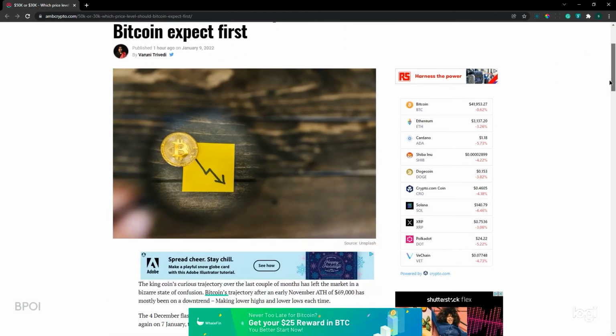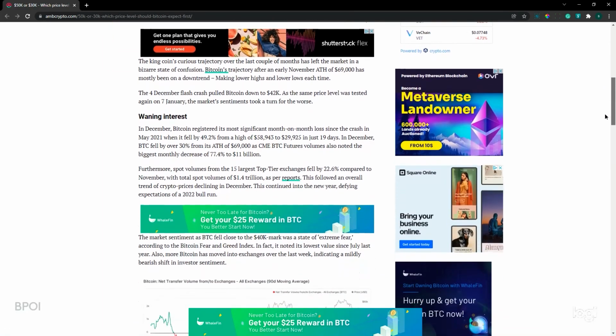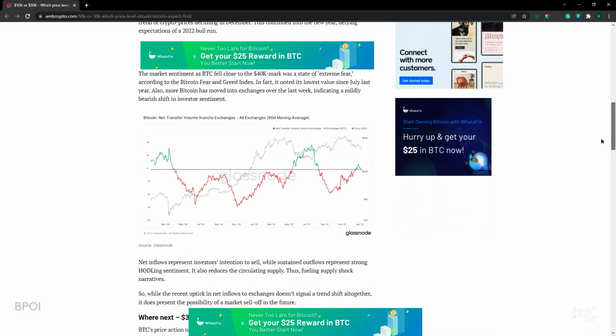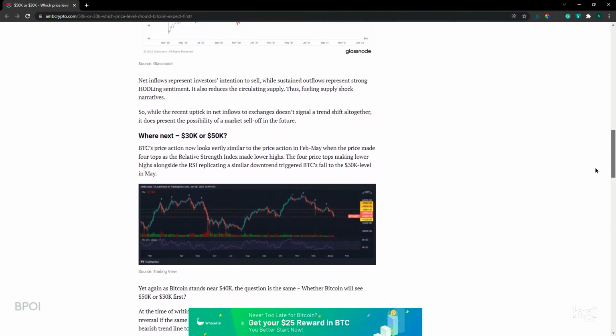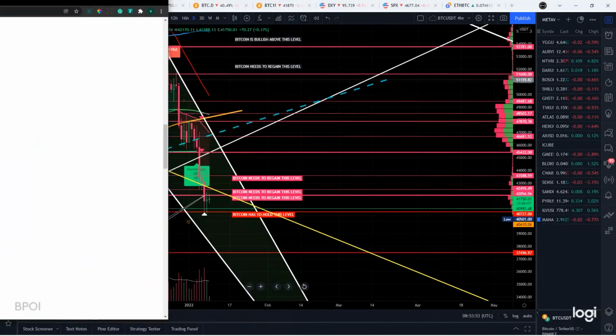I've just posted this in the news group, but have a read through this, quite interesting, and it gives you both sides. So yes, we could move up, but if Bitcoin loses these levels, you've got to expect a degree of capitulation, people selling off their Bitcoins because they're concerned at how low the price might go, but almost expect that to an extent.